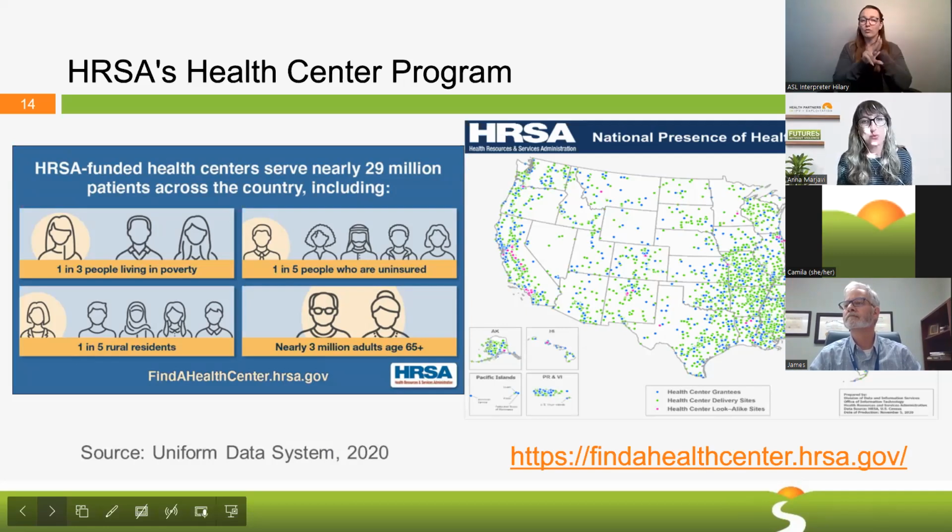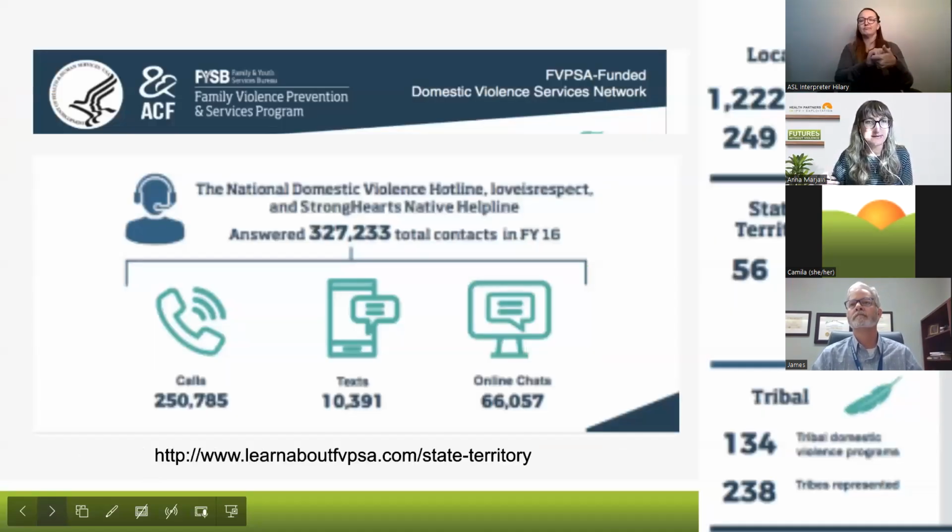The staff who work at health centers number around 252,000 people, and they serve nearly 30 million patients every year. That's 1 in 11 people across the country. And health centers have more than tripled the number of patients served since 2000. So they're growing and expanding, and they have a value to partner with community-based organizations. Next slide, please.